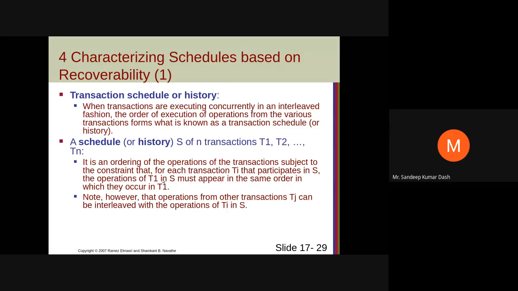The operations should be in the same order. You cannot reverse or alternate the operations. However, operations from the other transactions can be interleaved. That means you can zigzag with the operations of other transactions.